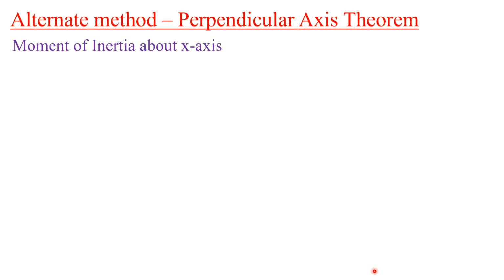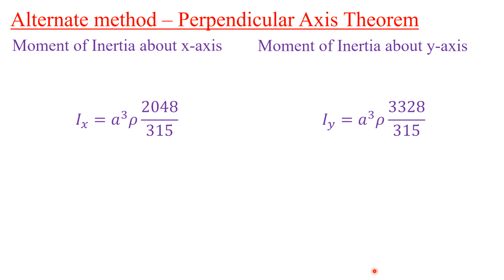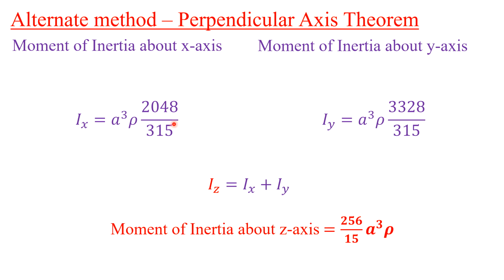So now we have the moment of inertia about the x-axis as well as about the y-axis, and therefore by the perpendicular axis theorem, the moment of inertia about the z-axis is the moment of inertia about the x-axis plus the moment of inertia about the y-axis, and you can see this sum is again equal to 256 upon 15 a cube rho.